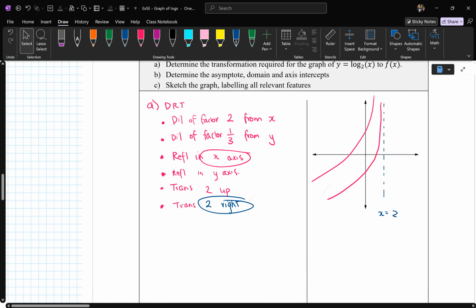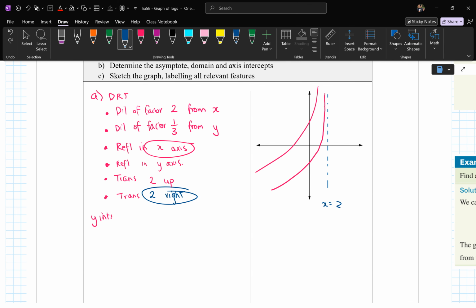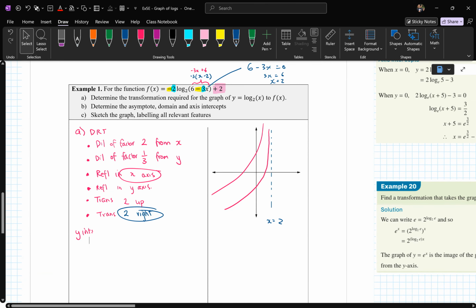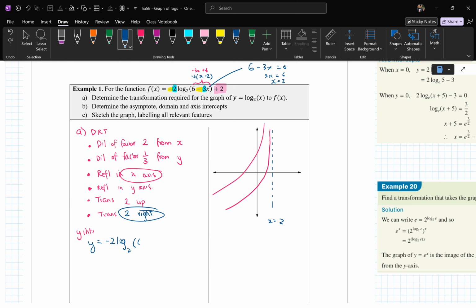In our case, it obviously will have a y-intercept and an x-intercept, so let's solve for it. The y-intercept is the easiest to find. So here we go. The y-intercept is when you let x equal 0. Let's solve for it. y, or f of 0, is equal to negative 2 times log base 2 of 6 take away 0, plus 2.